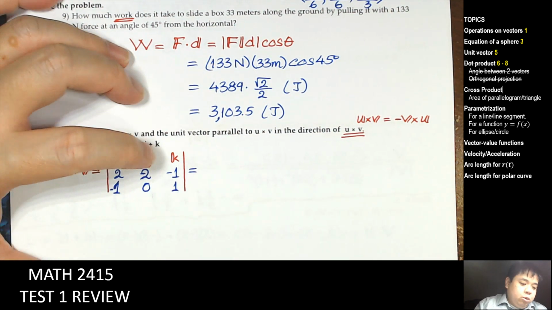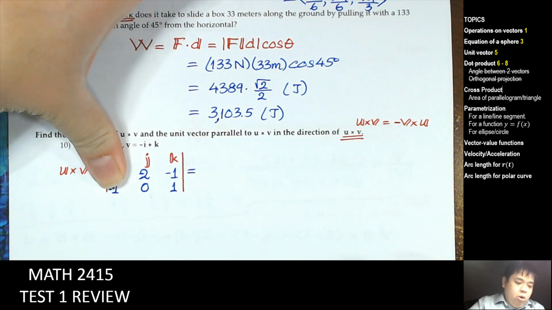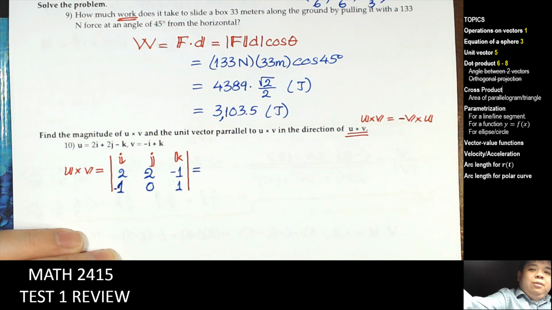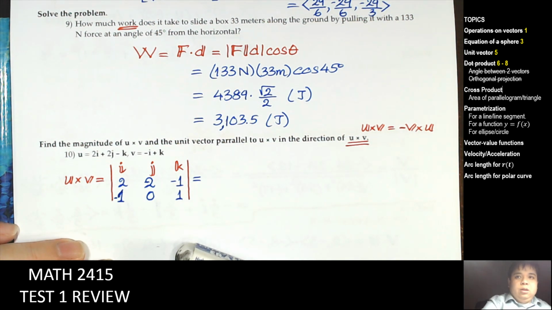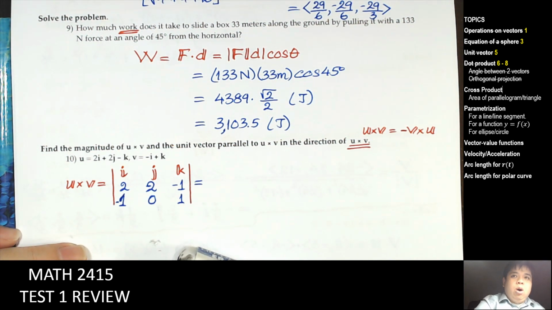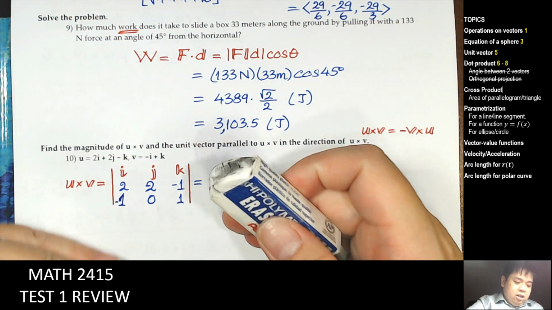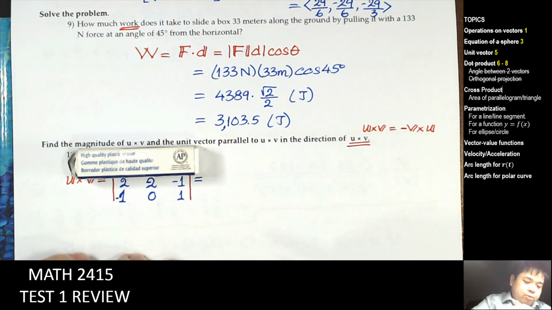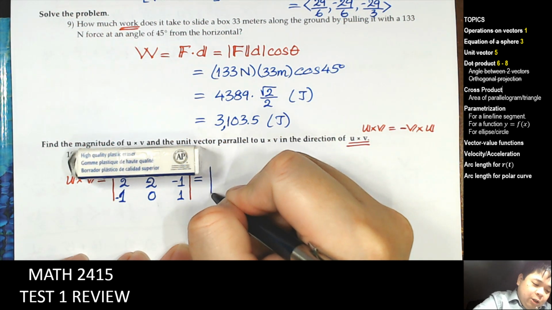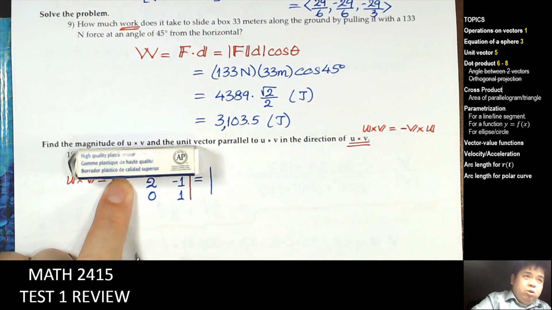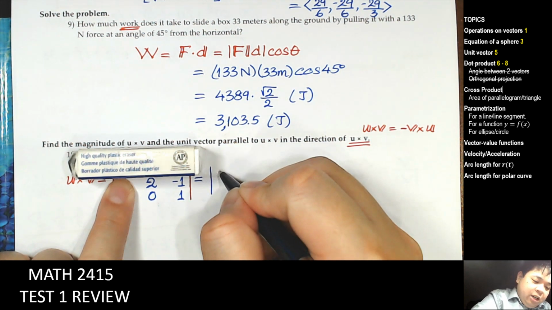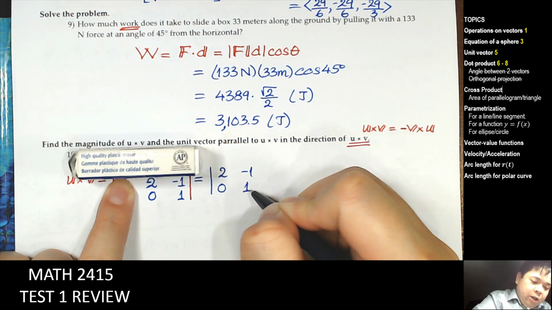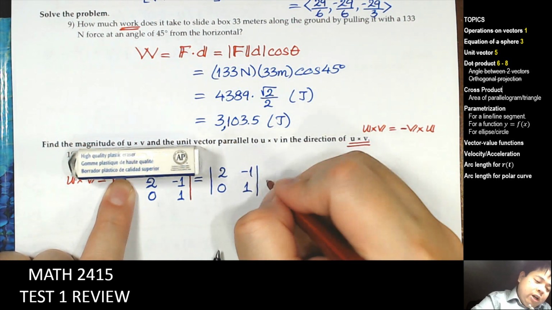To do this, we cover the row and the column containing i, then j and k. For the row and the column containing i, we have 2, -1, 0, and 1. Whatever we have, we multiply in the i direction.